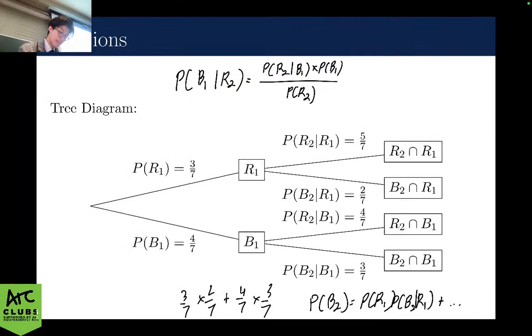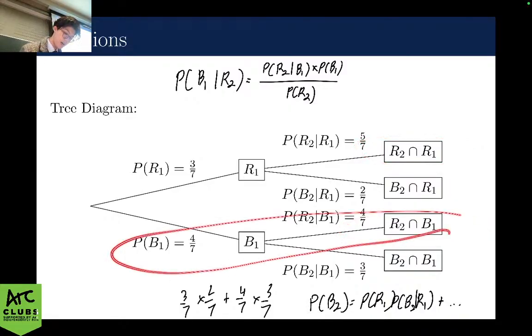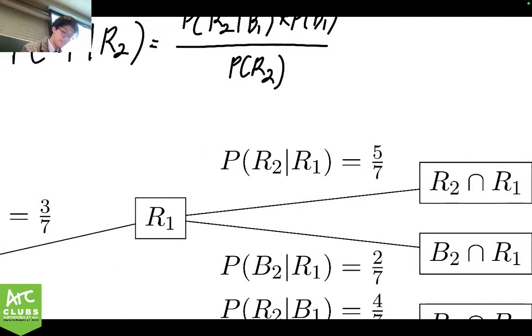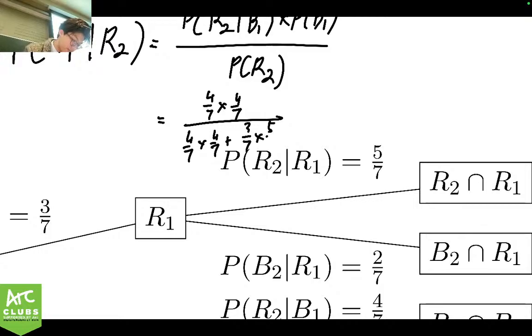Now, the probability of the second ball being red, you can express as another law of total probability here, where it's this path, and again, it's this path. And so this will give us 4 on 7 times 4 on 7 over 4 on 7 times 4 on 7 again, plus 3 on 7 times 5 on 7.